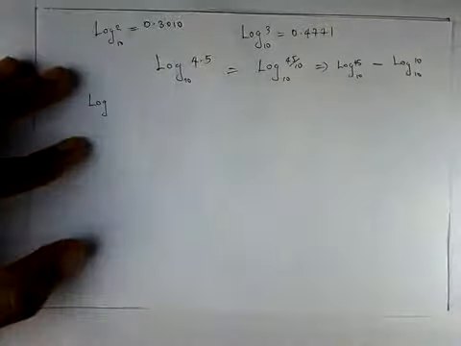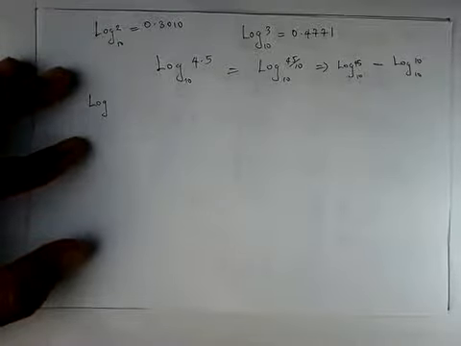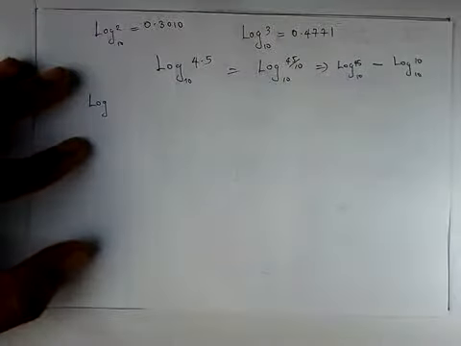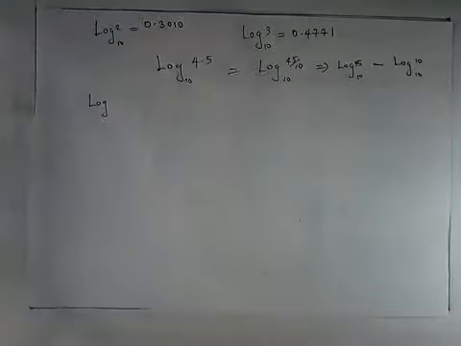Then log 45 is what? 9 times 5 will now start giving you 5, which you don't want. You want 2 and 3.